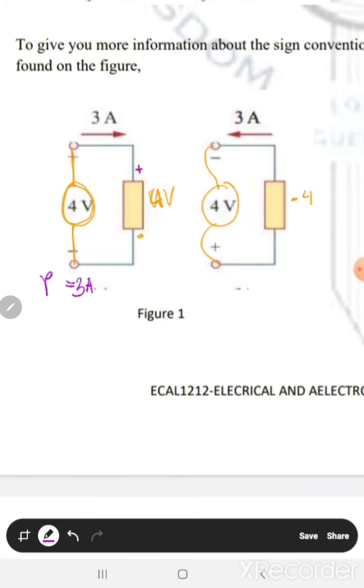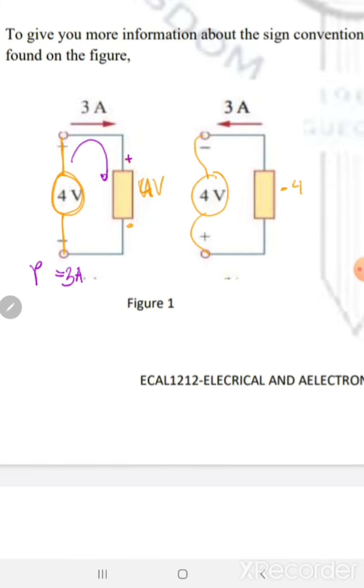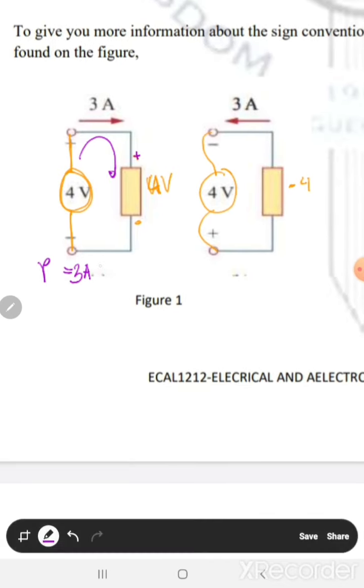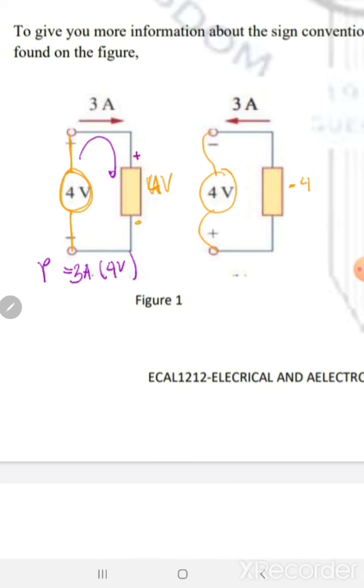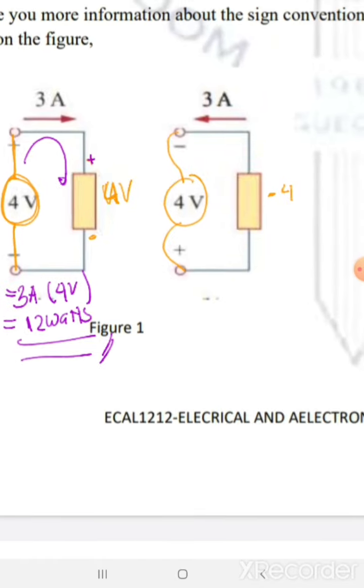So, in-assume na natin yung direction ng current is with the flow of the current, right? Positive 3 ampere, pumasok sa positive 4 volts. So, therefore, our power is equal to 12 watts. This is absorbing. Tama ba?